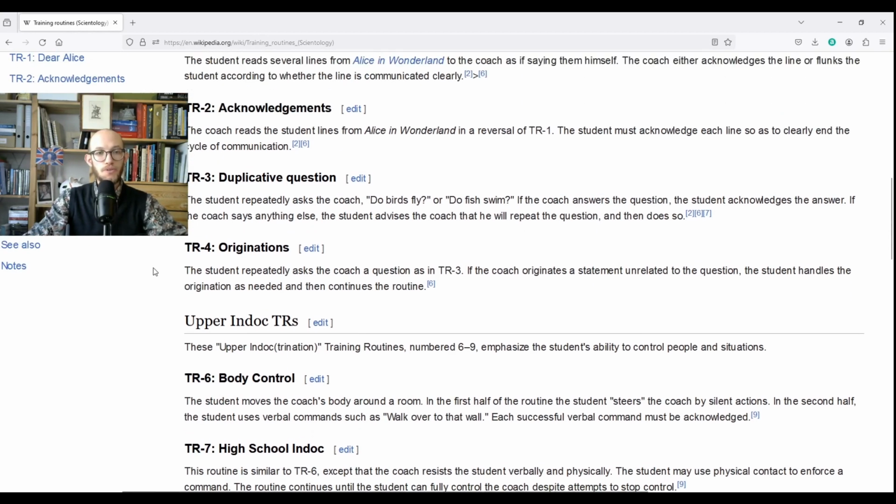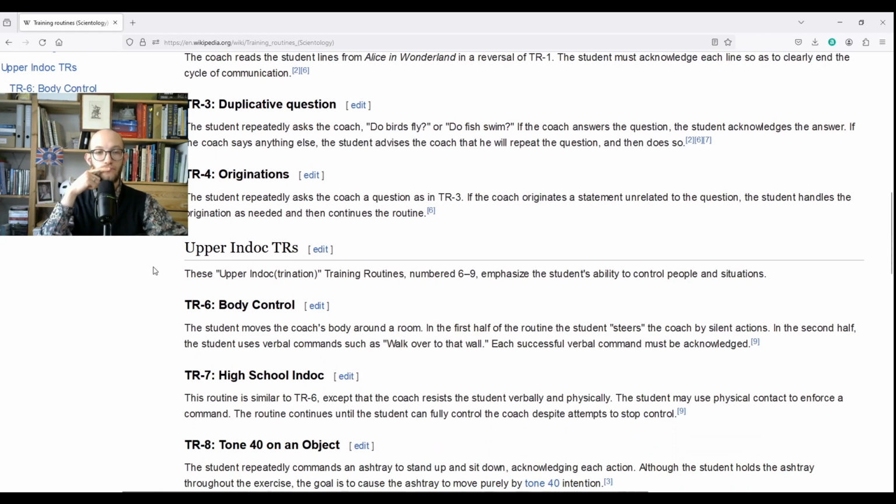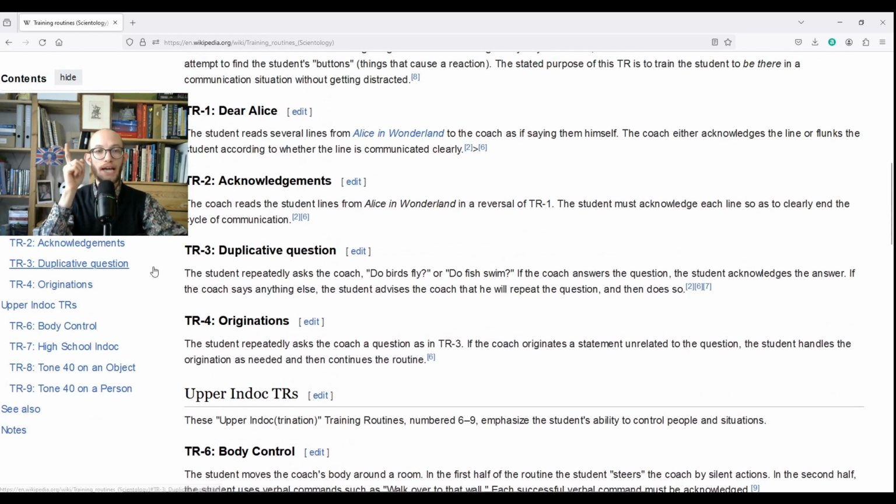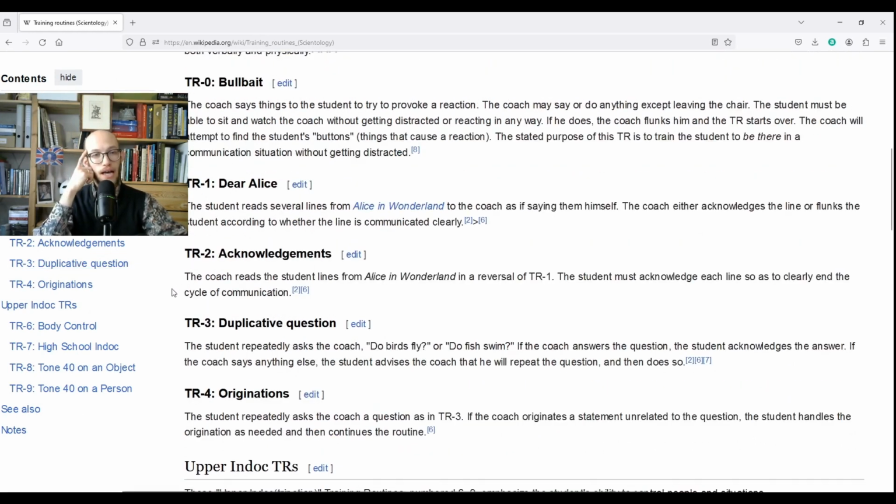Now something I don't see here. Interesting. Something I don't see here, although maybe I'm misremembering, but I thought there was another TR drill where you take again the Alice in Wonderland book, and you basically encourage people to tell more than they actually want to say. So the coach would say, for example, Alice drank, and then sort of trail off, and then you're supposed to say something to encourage.